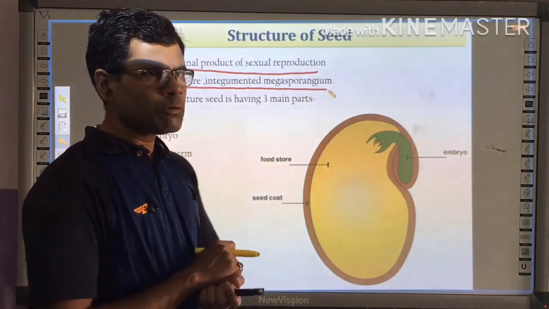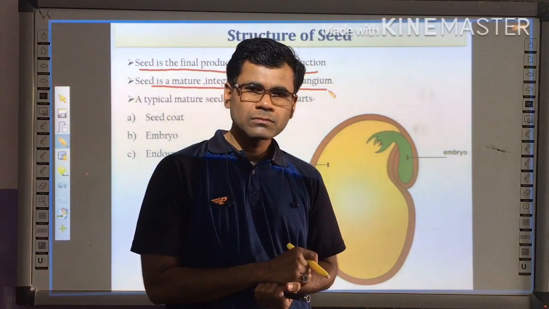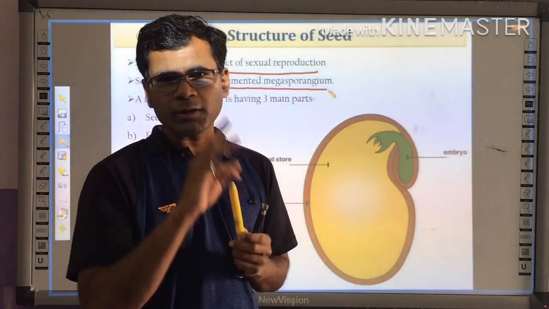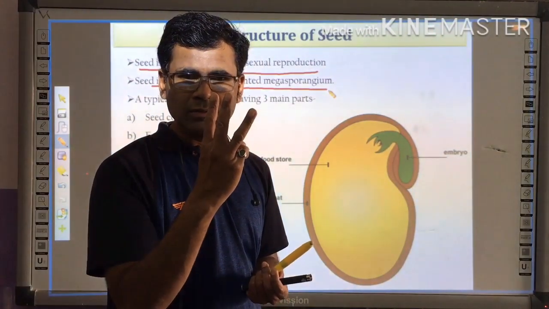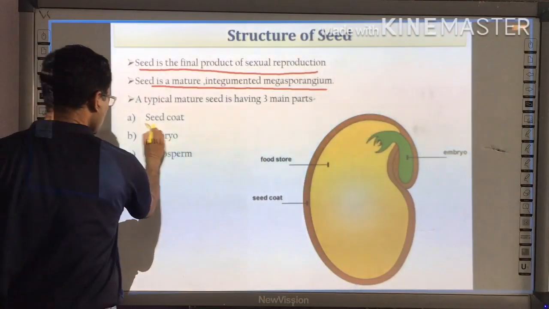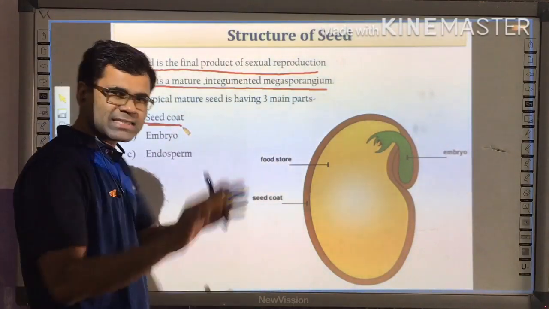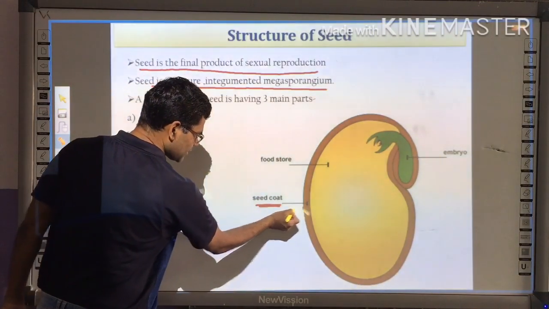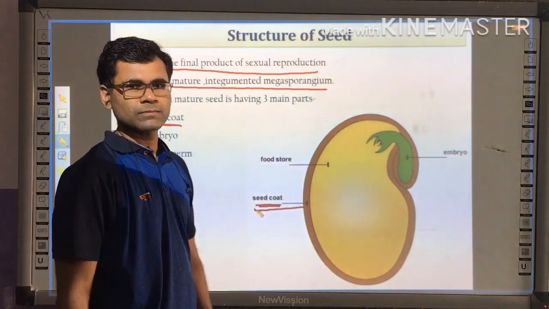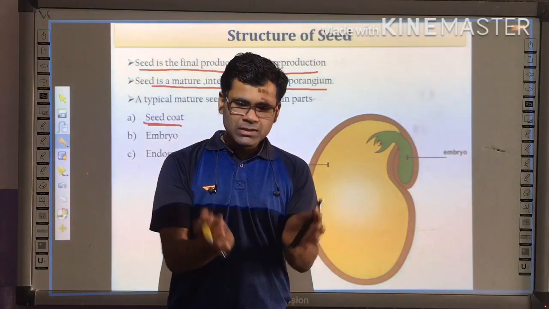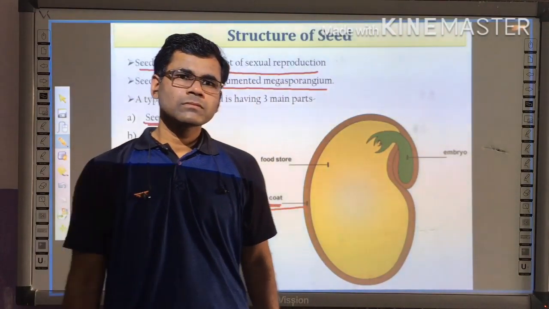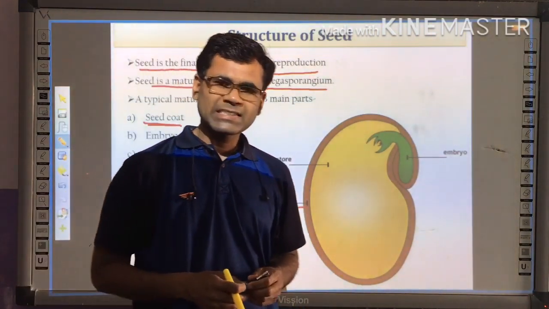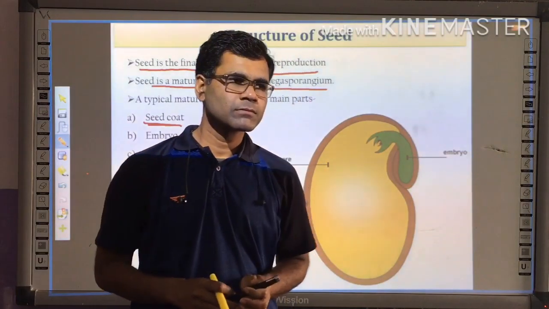And if we talk about the seed, it is typically composed of 3 important structures. The first one is the seed coat, the external covering. As you can see here, the first important structure is the seed coat, also termed the testa, the outermost covering.